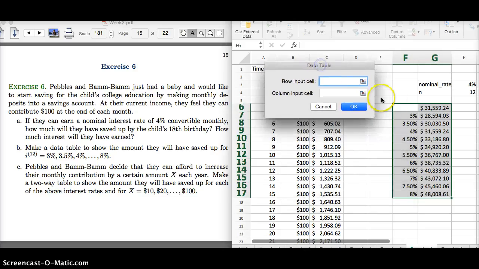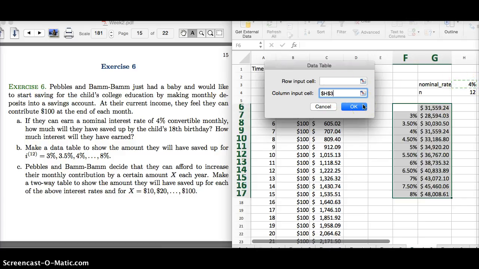My inputs are in a column, so I leave the row blank, and in the column input cell I say these amounts are going to be replacing the amount in cell H3.